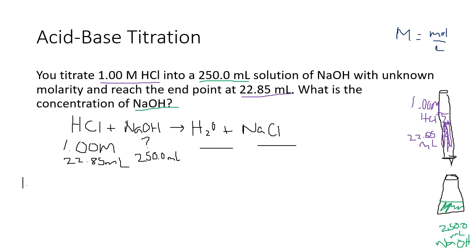If we do 1.00 molar, that is the same as saying 1.00 moles HCl over liters. And if I multiply by that volume in liters, I will get moles. We'll pretend that looks like an 8.